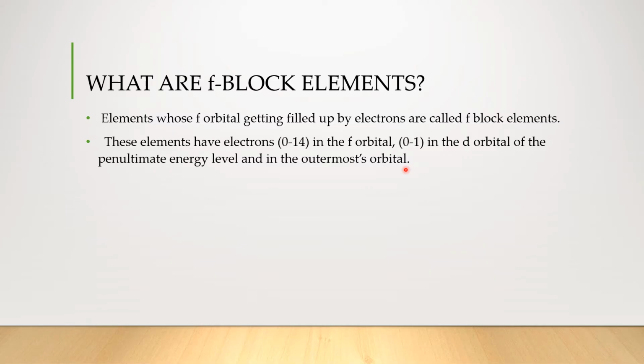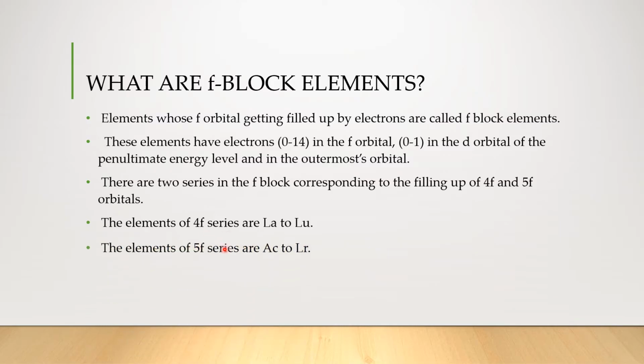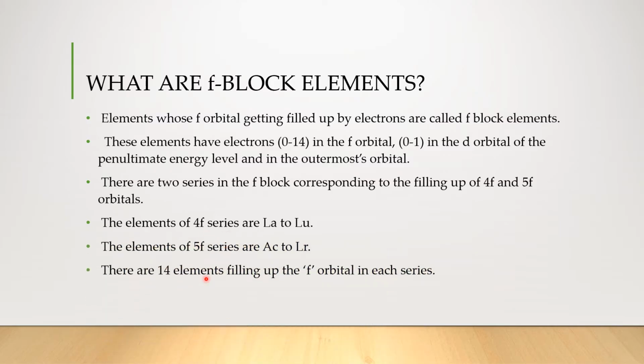And then the outermost orbital, that is s, consists of 2 electrons. And we know that there are two series in f block, the 4f series and the 5f series, and 14 elements get filled in the f orbital in each series. So in the lanthanide series there are 14 elements and in the actinide series there are 14 elements, okay.